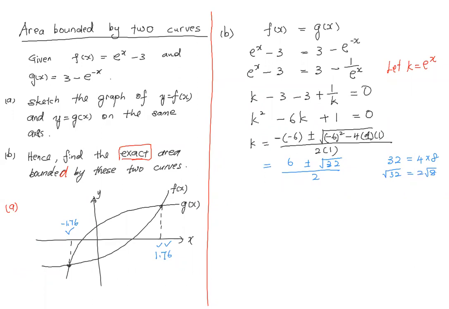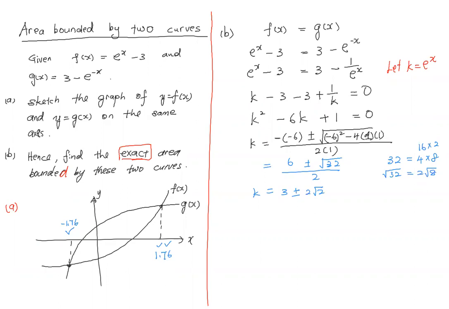Or I can say 16 times 2, so it will be 4 root 2. Okay, that will be better. So k will become 3 plus or minus 2 root 2. So I get the exact value.